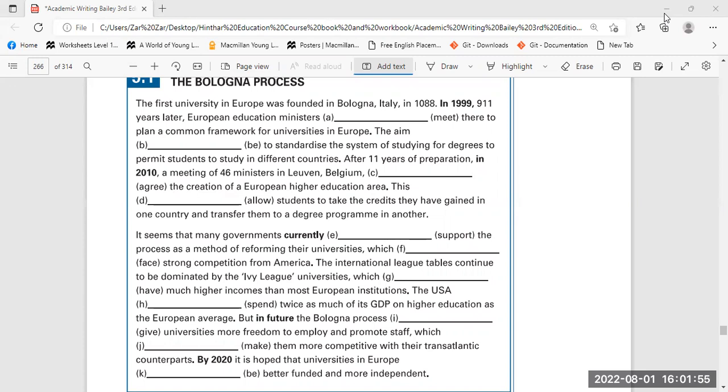This is just one process, which is facing. Okay. Nice.